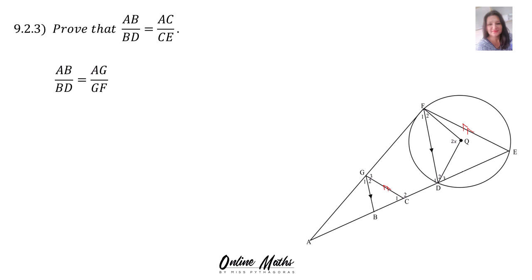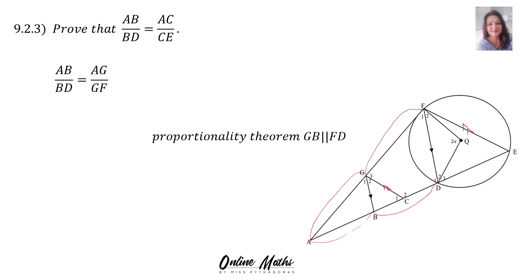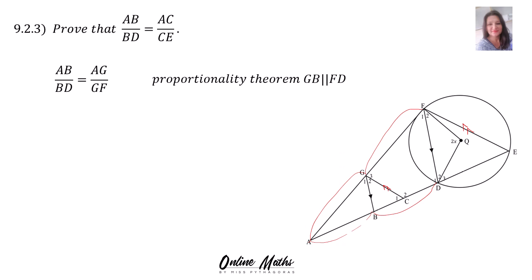So we can start by saying that AB over BD is equal to AG over GF, the proportionality theorem, since GB is parallel to FD.